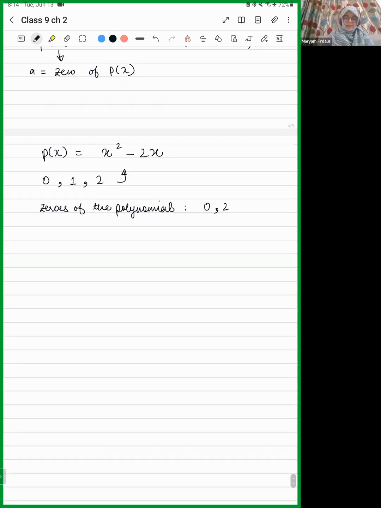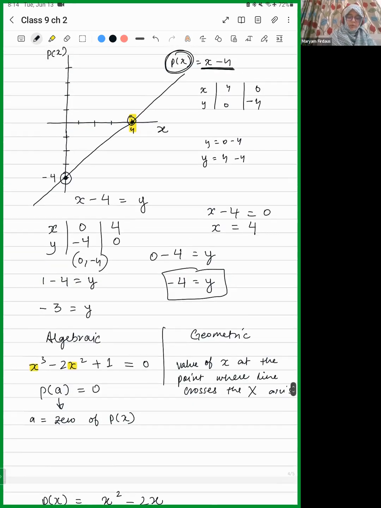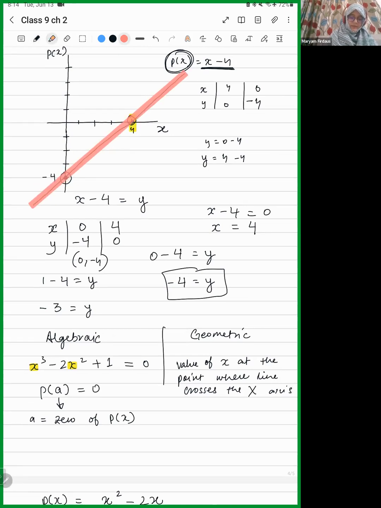Okay, but can we ever have more than 1 zero for a linear polynomial? This is a linear polynomial. Can we have more than 1 zero for a linear polynomial?